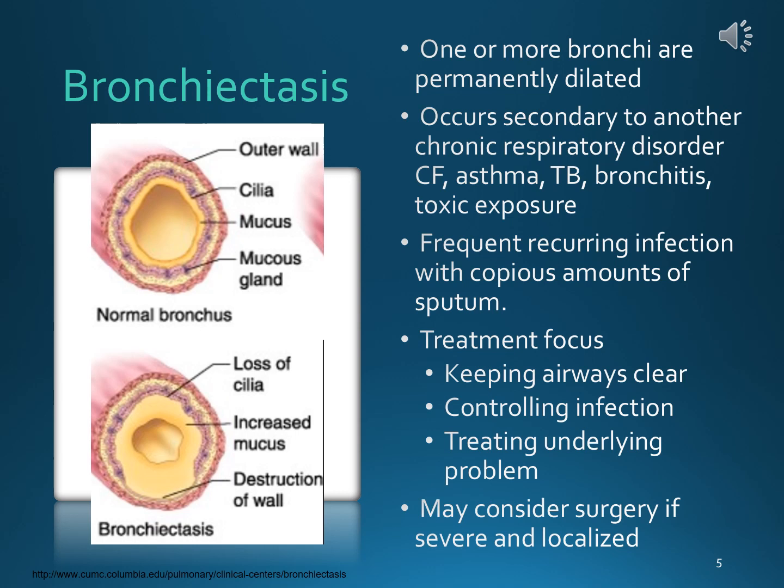So if it's TB or cystic fibrosis, things like that, if you treat those, it will help this. And of course, always antibiotics to treat acute infections. Bronchodilators are helpful, and mucolytics are also used to make sure that the mucus is thin and easier to get up. Chest physiotherapy is important.